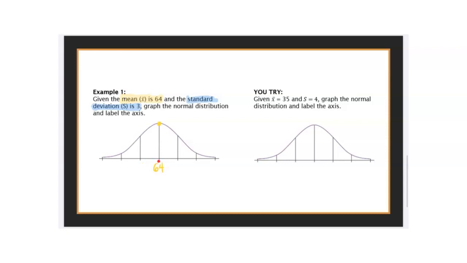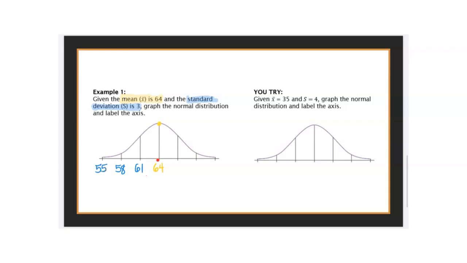So 1 standard deviation is 3 away from the mean. Thinking about a number line, let's go 3 back from 64. 64 minus 3 is 61. If we go 3 more backwards, 61 minus another 3 is 58. And then 58 minus another 3 is 55.